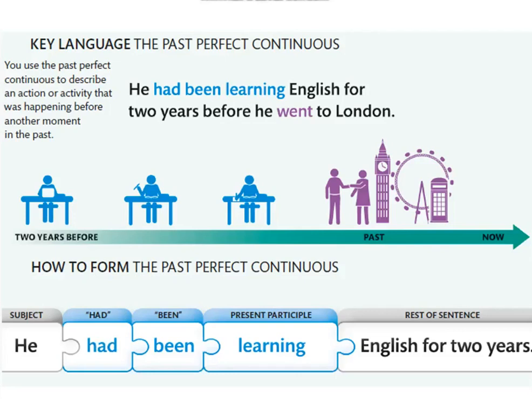But always the first two parts, let's say, of the verb, they always remain the same. Had been plus the verb in ing form is what always changes. He had been studying, he had been learning, he had been watching, something like that.